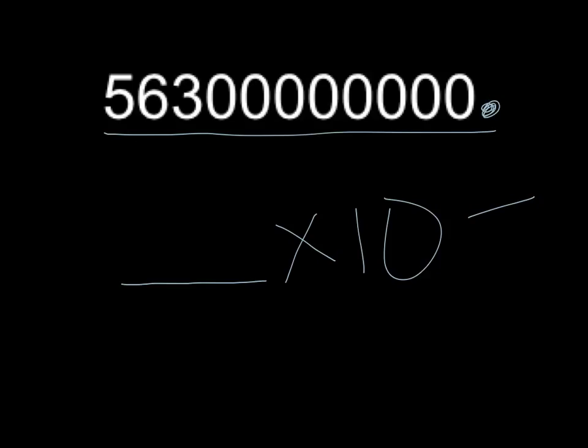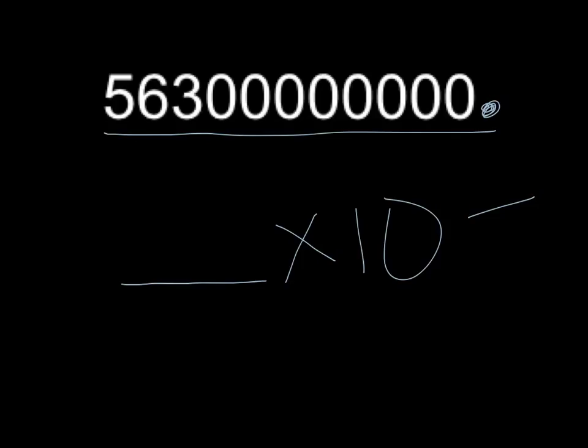If we look at this number now, it will not fit in this spot because it is greater than 10. So we need to move our decimal point to make it into a number that is greater than 1 but less than 10. If we move it behind the 3, that gives us 563. Again, that number is greater than 10.